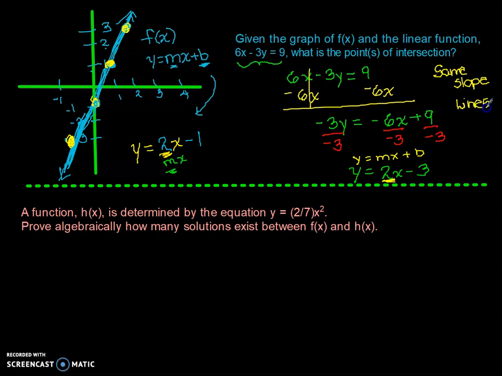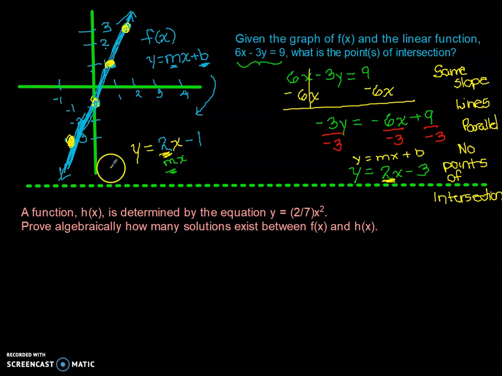And if the lines are parallel, that means there are no points of intersection. So that is the answer for the first part.